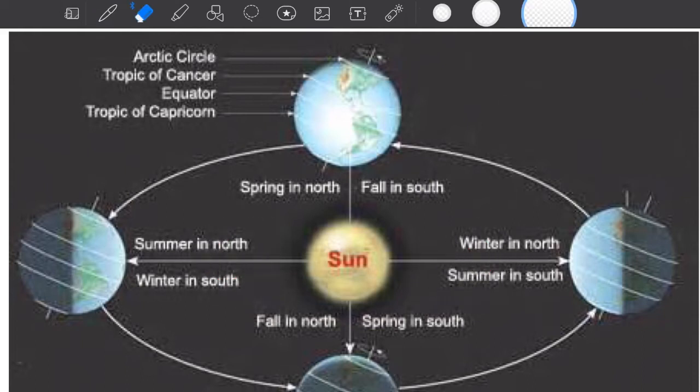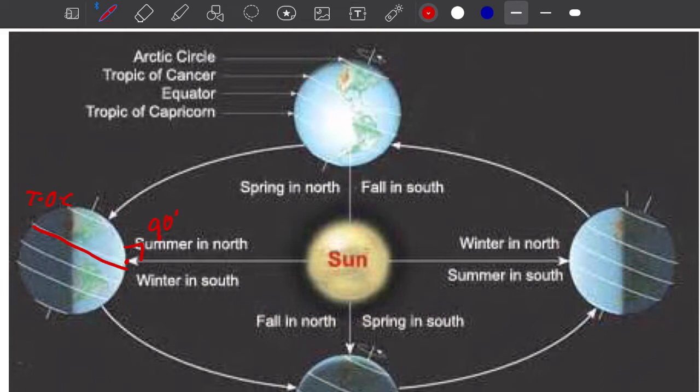So let's assume, okay, right now this particular position is called summer solstice. Here we can see that at this point the sun's incident angle is 90 degrees, and this line is called the Tropic of Cancer, TOC.